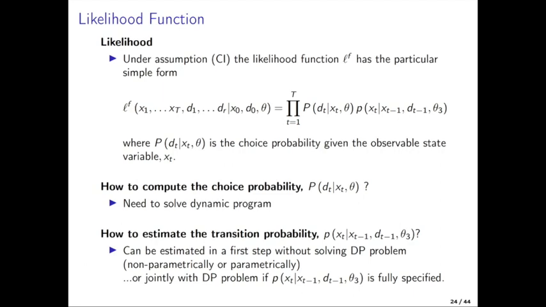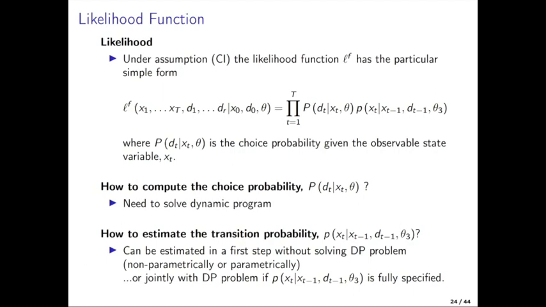So this likelihood function depends on two objects. Well, the capital P here, the conditional choice probabilities, and how did we compute that? Well, that was what all the first part of lecture 12 was about: how to derive the choice probabilities, how to find the fixed point, and how to express it in an expected value function space.